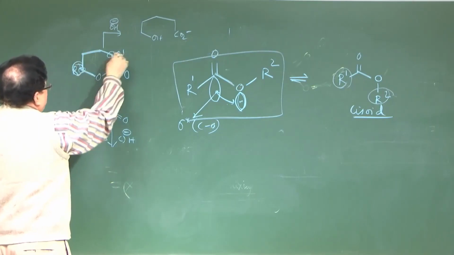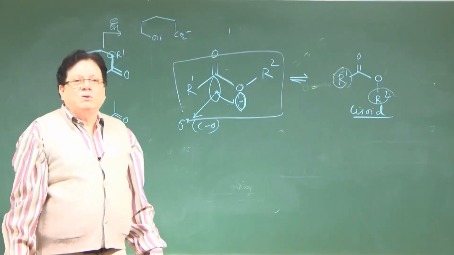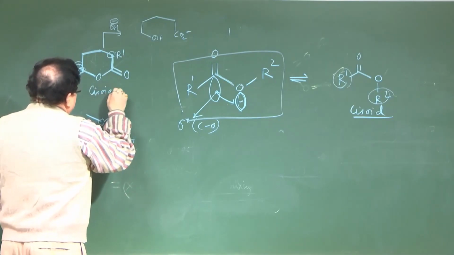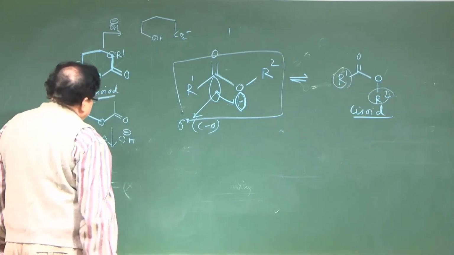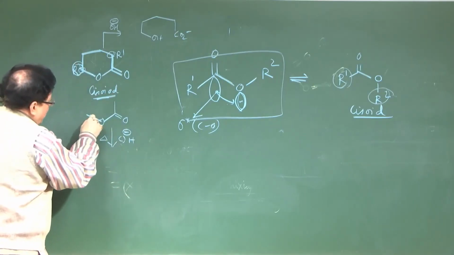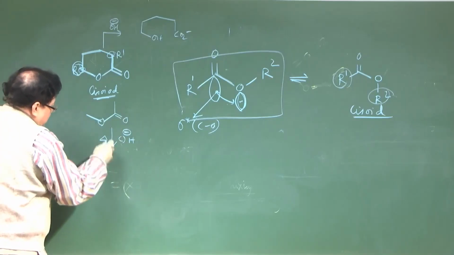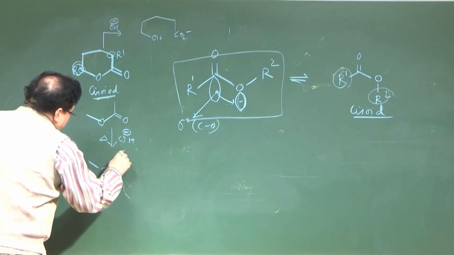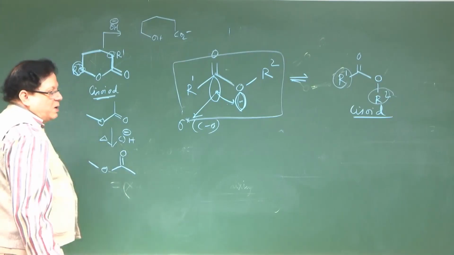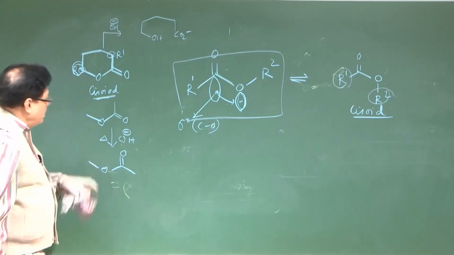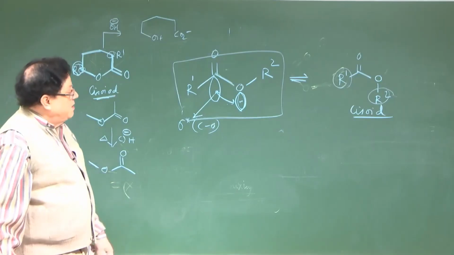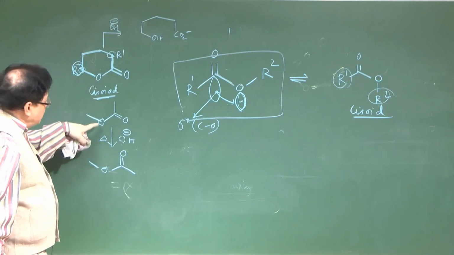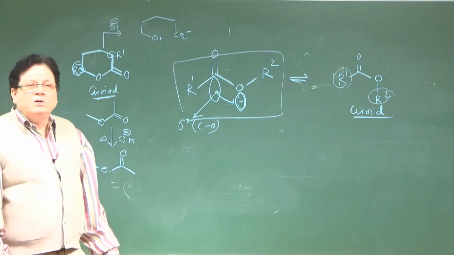So, you see R1 and R2 are in the cisoid conformation. It is tied up in the cisoid conformation, whereas the acyclic ester has the flexibility to go into the transoid conformation, and that will be the predominant one.